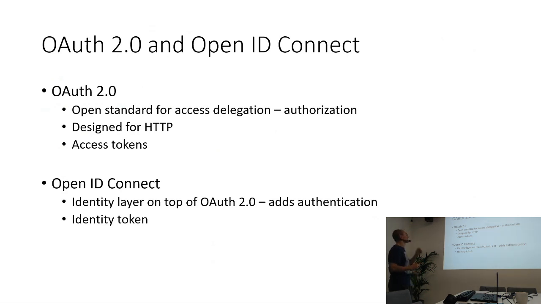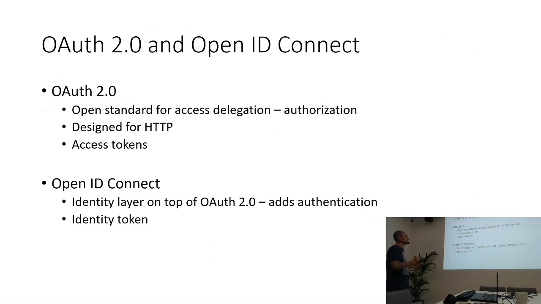One is called OAuth 2, and OAuth 2 was the first one, but OAuth 2 is basically only about authorization. It's only about access tokens, and it's an open standard for access delegation. It's designed for HTTP, for today's web API world. But it was only about access tokens and about getting access to the APIs. And that was the first standard.